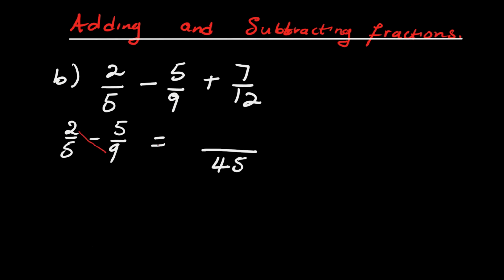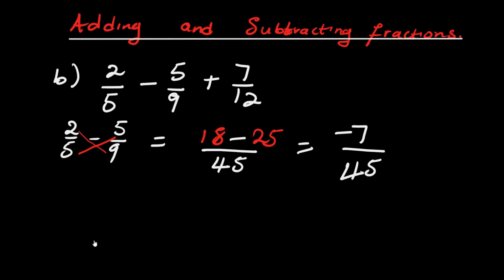Then 2 times 9 gives us 18, minus 5 times 5, which is 25. 18 minus 25 is negative 7 over 45. And this number cannot be divided further. So this is where we stop on solving the two fractions.